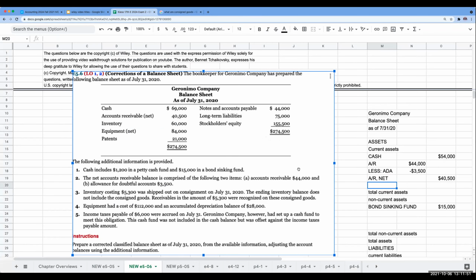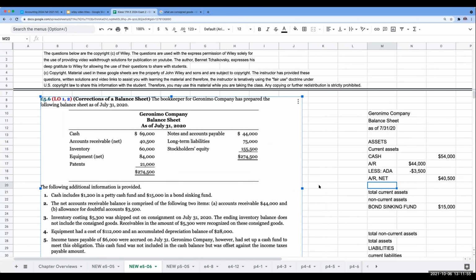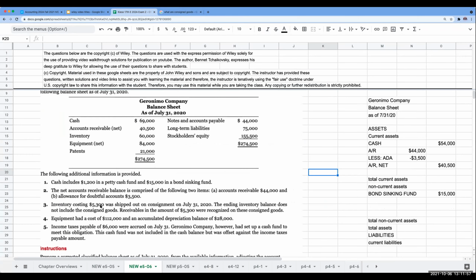Rather, I'm giving it to somebody on consignment. So the problem here is that inventory costing 5,300 was shipped out on consignment. The inventory balance does not include the consigned goods. That is incorrect. So this inventory needs to include the consigned goods.